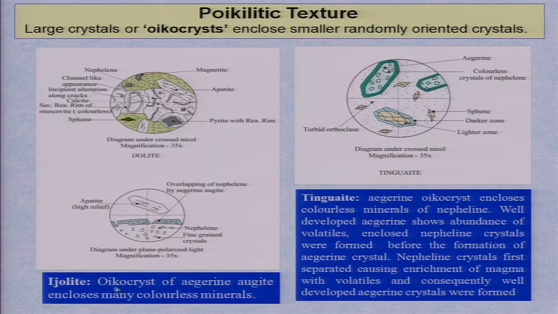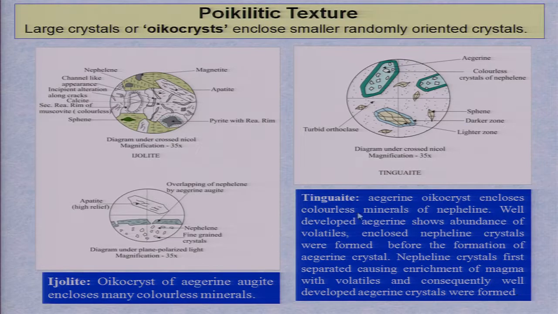I am citing an example of essexite. Essexite is also a variety of igneous rock which contains oikocryst of aegirine augite, which encloses many colorless minerals. This is actually aegirine augite and it contains many colorless crystals here.